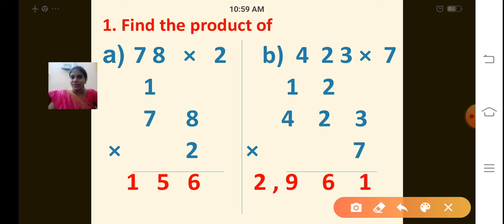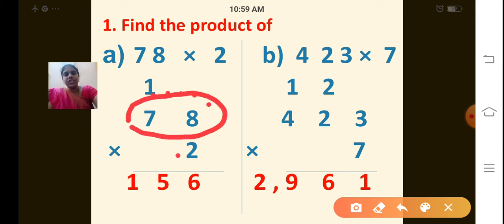And shall we find out the product now? So we have to multiply this by 2. First, we'll take the digit at the ones place and multiply it by 2.